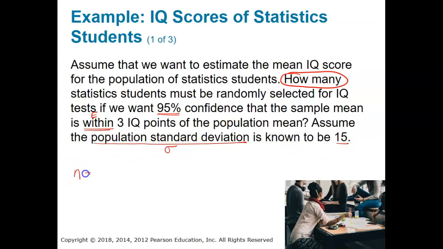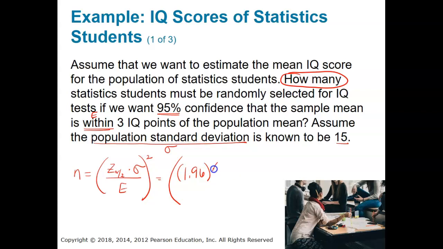So my formula for this is z alpha over 2 times sigma divided by the margin of error, and then everything squared. Okay, this is a z. So when it's a z, we can go back to our memorized values. So I need the z that corresponds with 95%. So that's going to be 1.96.